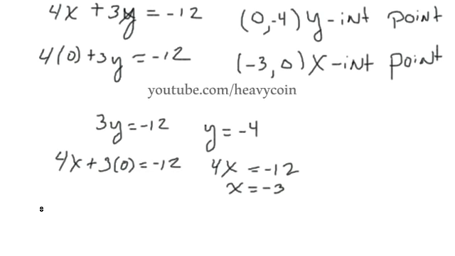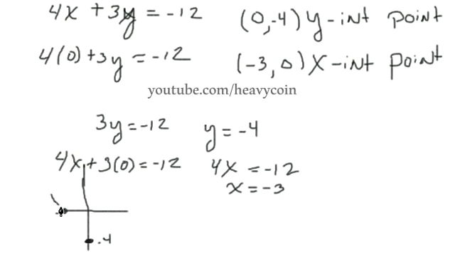The whole idea is we were actually trying to sketch the graph of this thing. So once we get those 2 points, 0, negative 4, negative 4 is down here. Okay, this is 0, negative 4, and then negative 3, 0. So x is negative 3. We'll say this is negative 3, 0 right here.